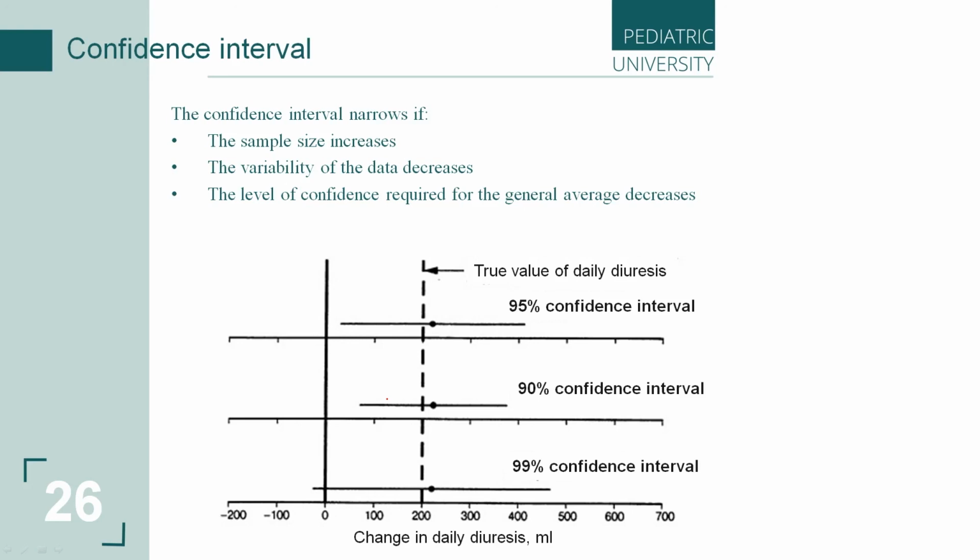The wider the interval, the greater the probability, 99%, that the population mean will be in the interval. In medicine, the 95% confidence interval is used. The margin of error is 5%. It's really for medicine.